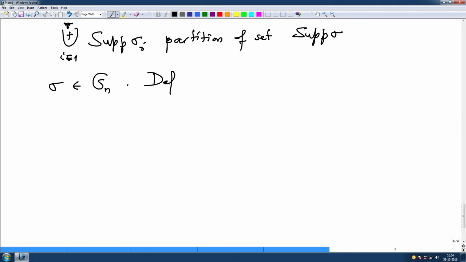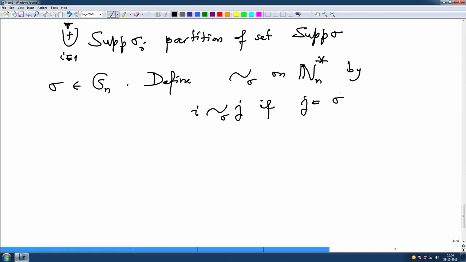defines an equivalence relation. I will denote it tilde sigma on the set 1 to n. By what definition? i is related to j under tilde sigma if j equals sigma power m of i for some m in the integers.